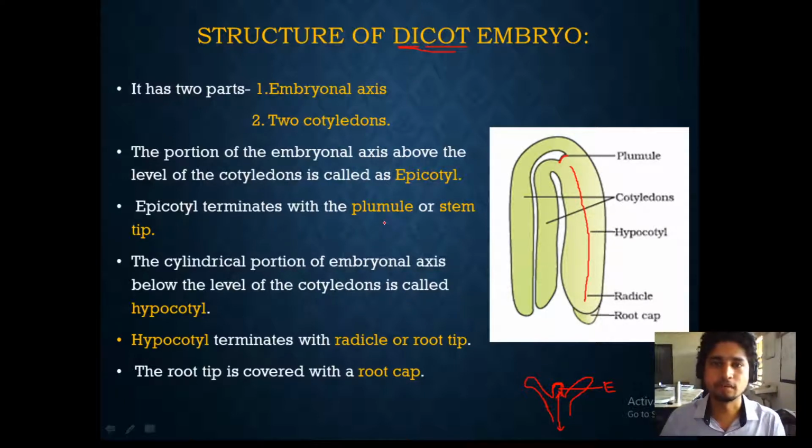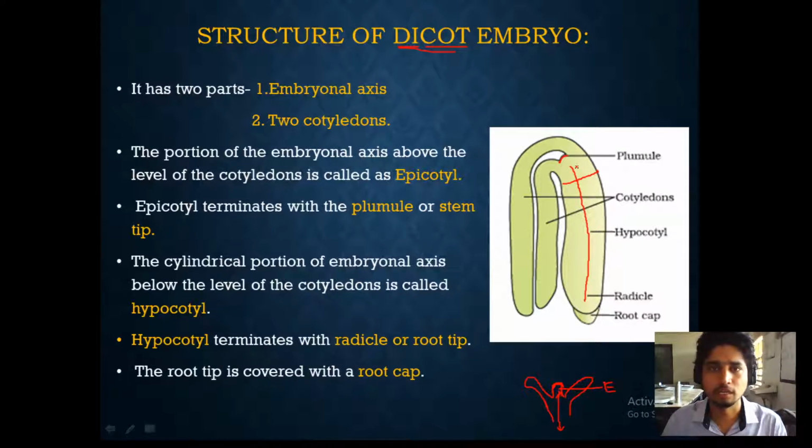Plumule is nothing but the stem tip. Plumule is destined to form the stem tip, leading to stem formation. The cylindrical portion below this point of attachment, the remaining part of the embryonal axis, is referred to as the hypocotyle.